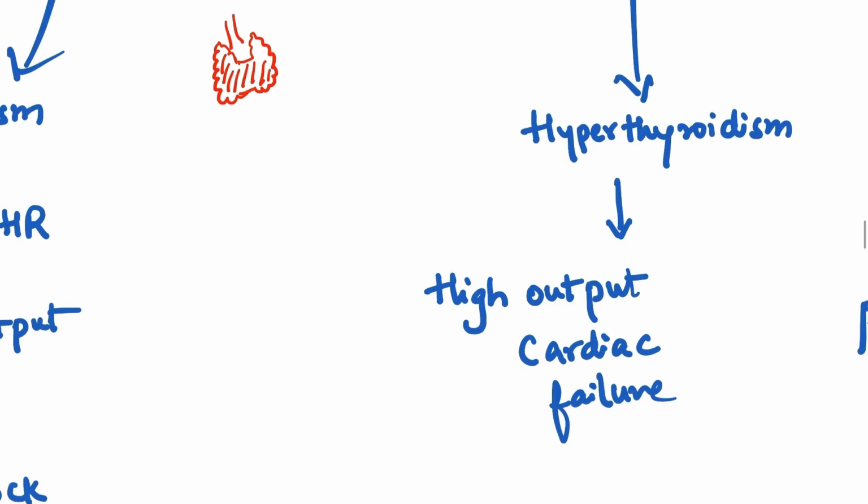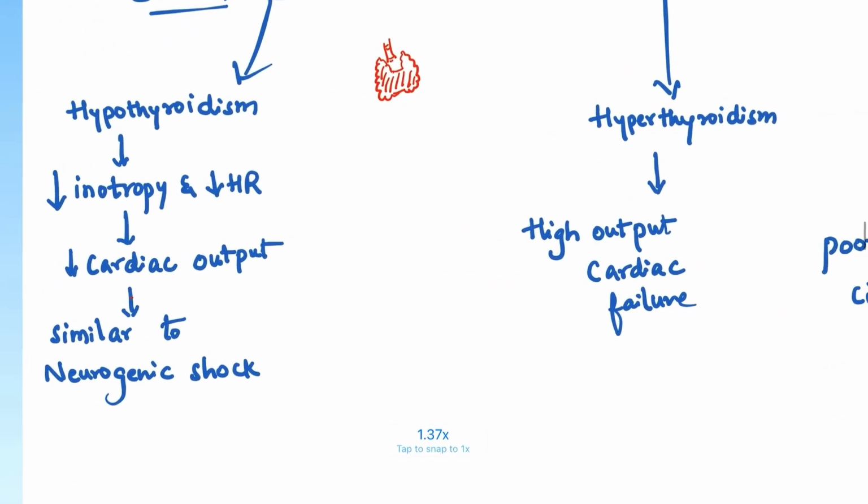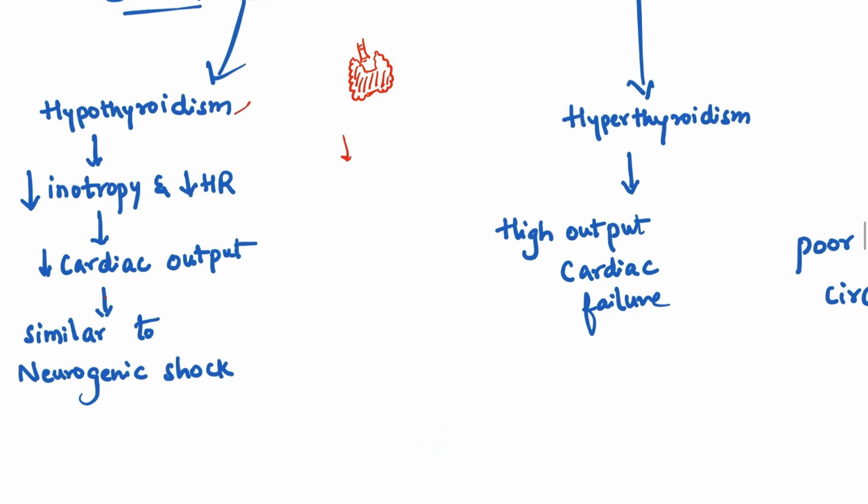In hypothyroidism and hyperthyroidism, what will happen? In hypothyroidism, there will be a decrease in heart rate and decrease in inotropy of the heart, leading to decrease in cardiac output. Hypothyroidism will cause low cardiac output failure, and in hyperthyroidism there will be high output cardiac failure.